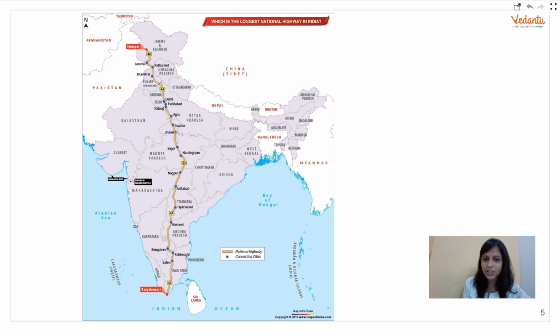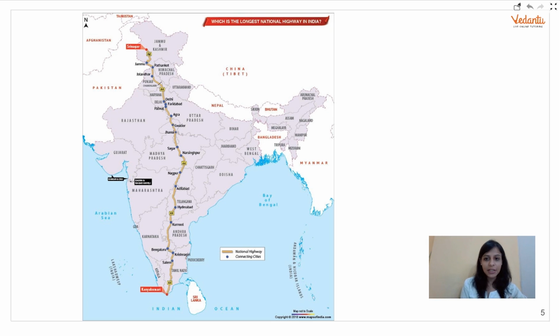Then it enters Madhya Pradesh, and again tries to cover Uttar Pradesh, again Madhya Pradesh, then enters Maharashtra, then goes through Telangana, then enters Andhra Pradesh, then goes to Karnataka, and finally Tamil Nadu and meets Kanyakumari. I hope it was easy for you to remember this.